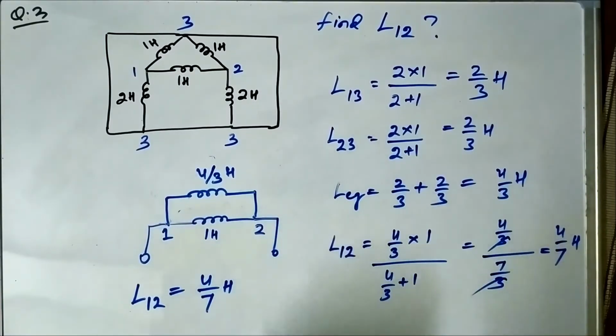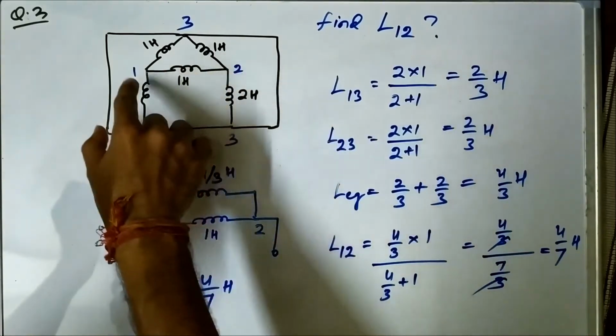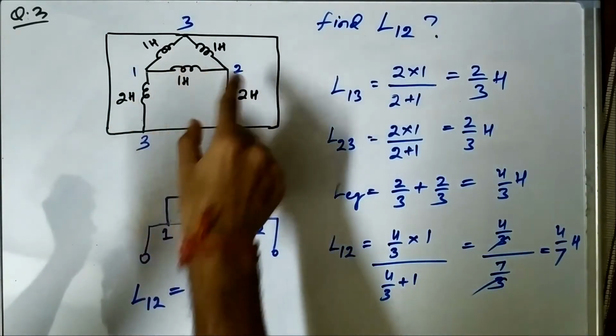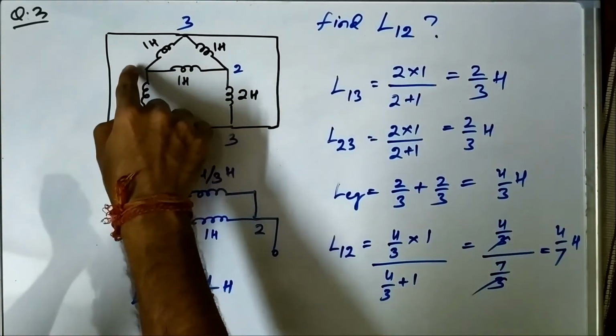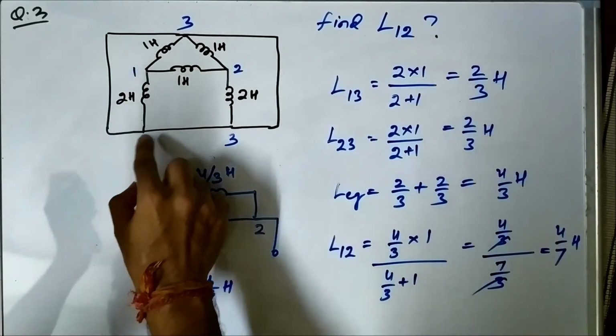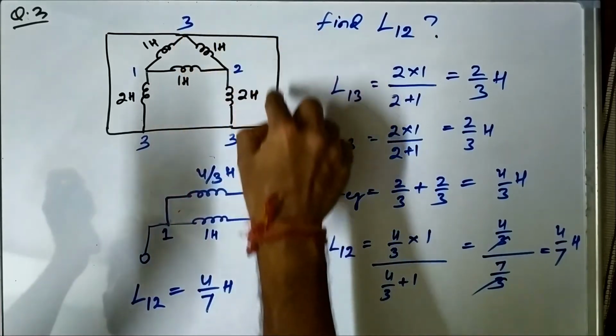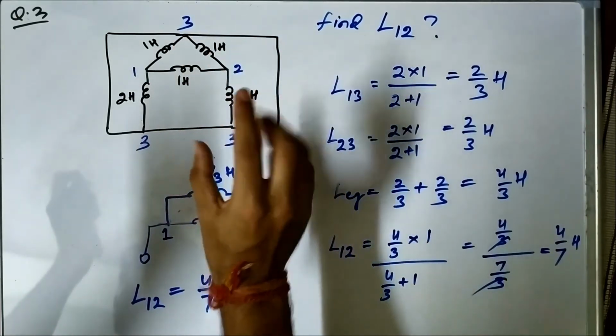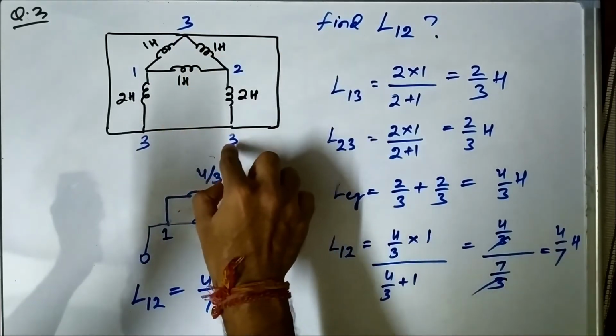So the smart thing to do is to name the terminals. Here we name the terminals 1, 2, 3, and as these points were shorted, they will also be 3.